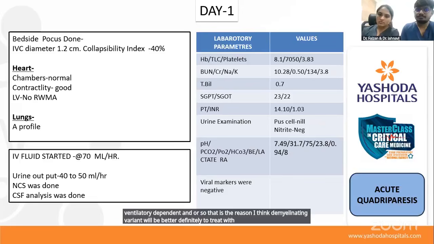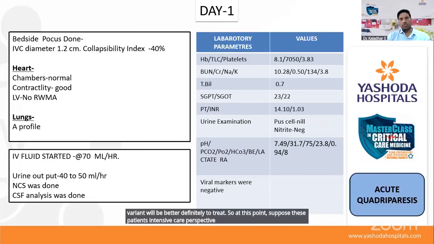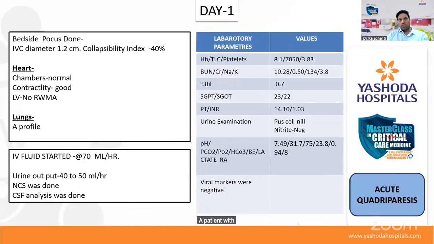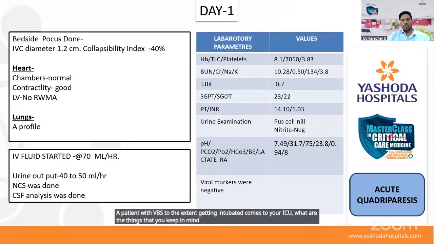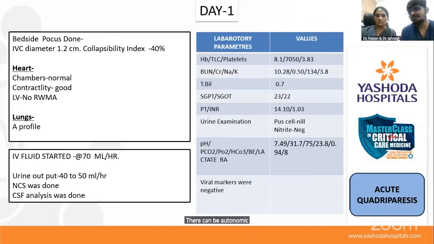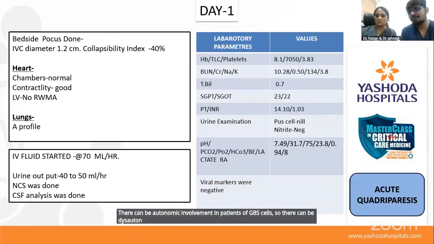So at this point, from an intensive care perspective, what other things will you be worried about, especially with a GBS patient who gets intubated and comes to your ICU? What do you keep in mind and monitor closely? There can be autonomic involvement in patients with GBS, sir. There can be dysautonomia, which can lead to either an increase in heart rate or bradycardia, or hypotension or hypertension.